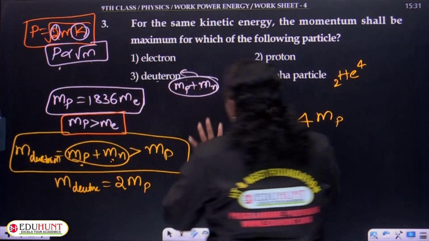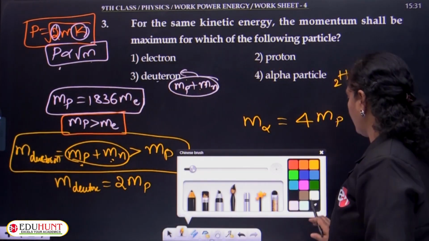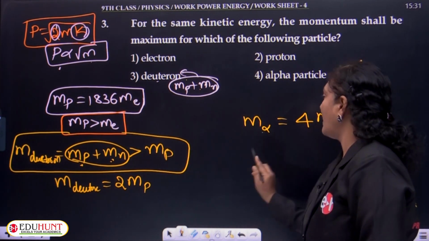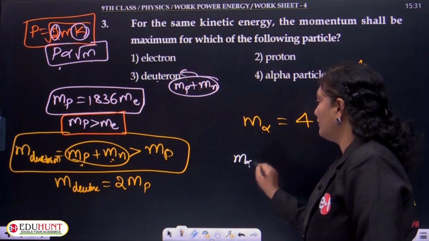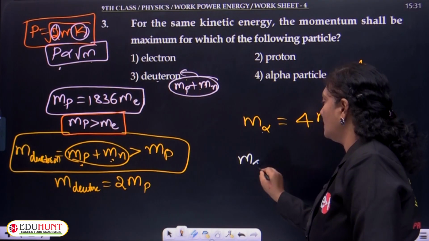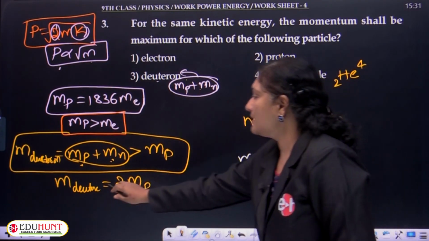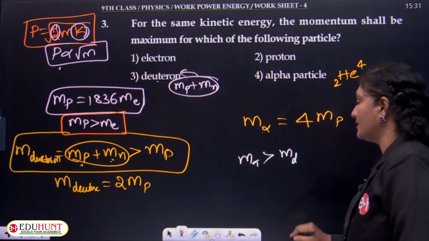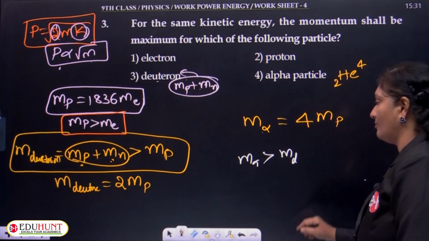From all the discussions we have made so far, I can conclude that the mass of the alpha particle, which equals 4 times the mass of proton, is greater than the mass of deuterium, which is only 2 times the mass of proton.